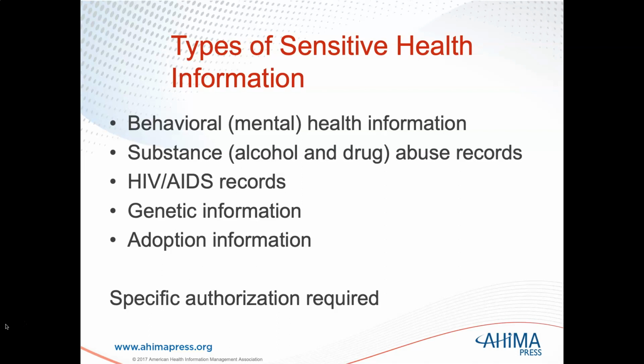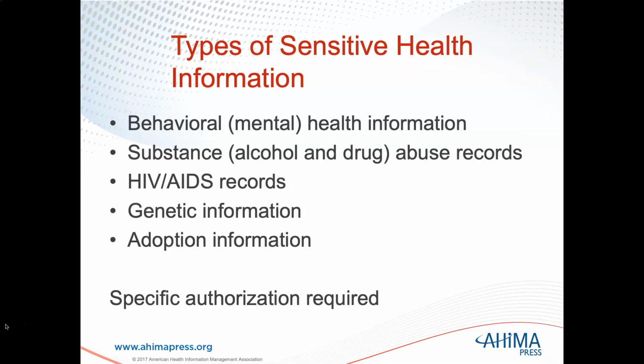Well, it absolutely includes behavioral health information or mental health, substance abuse records, both alcohol and drug, HIV records, genetic information, and adoption information. In all of those cases, if someone is trying to obtain a copy of that information, a specific authorization will be required, and of course validated that they have the right to this information.